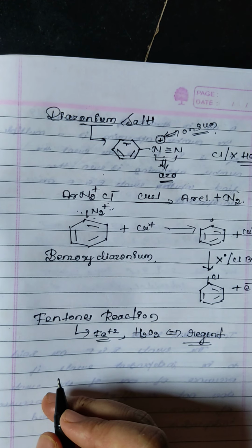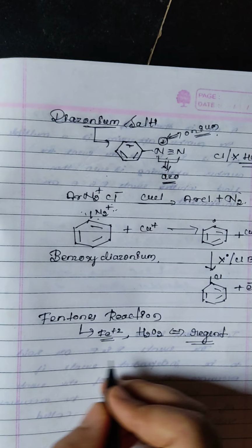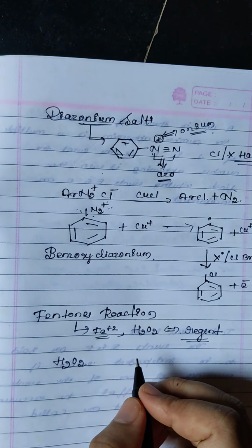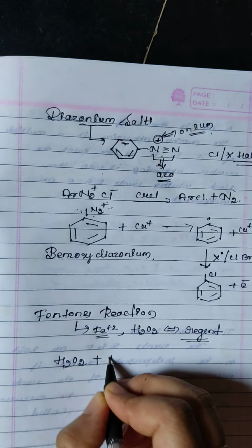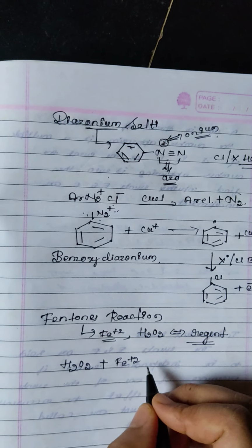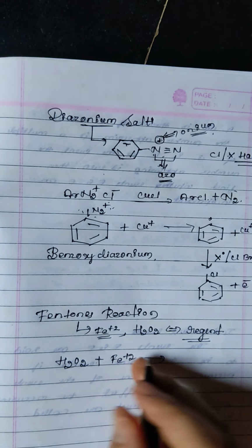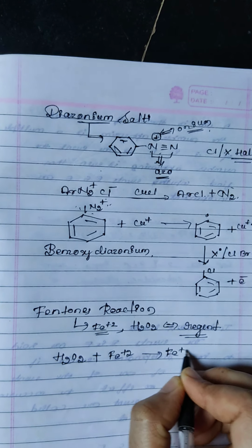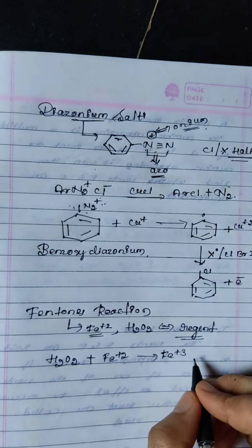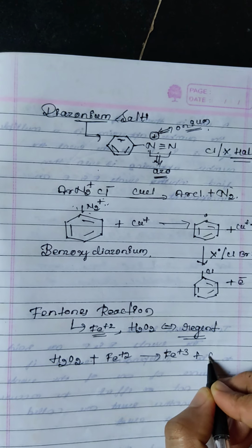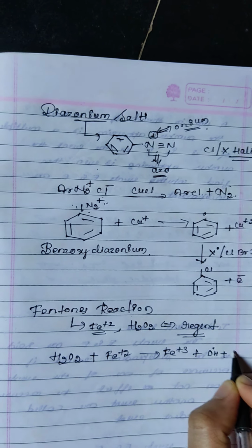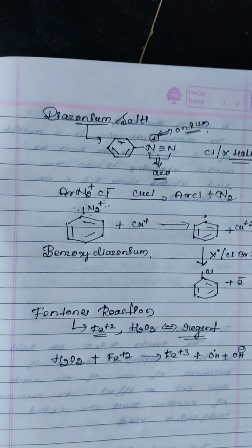Okay, an example that we have to understand. The H2O2 molecule reacts with Fe2+. In the presence of Fe2+, it changes to Fe3+. How do we write it? OH free radical, OH negative.